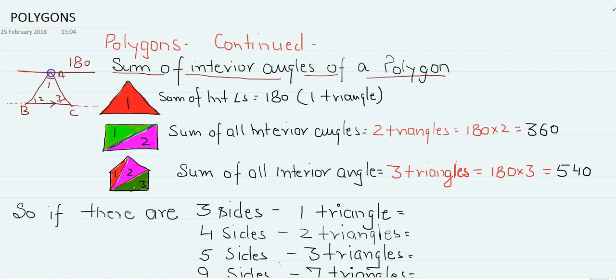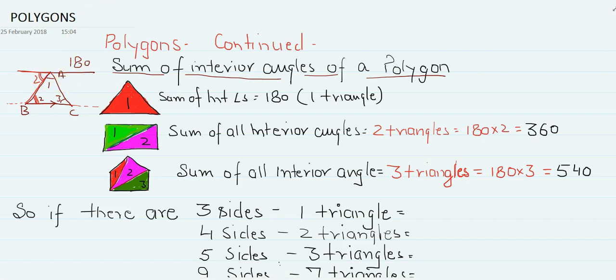Now we know that these are alternate interior angles, and alternate interior angles are equal. So these two angles are equal, so this will be 2.